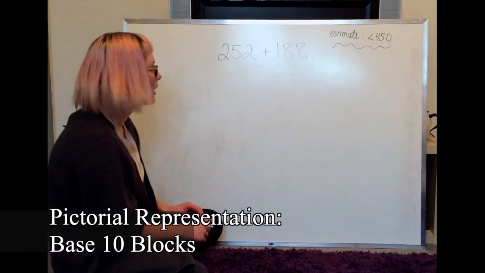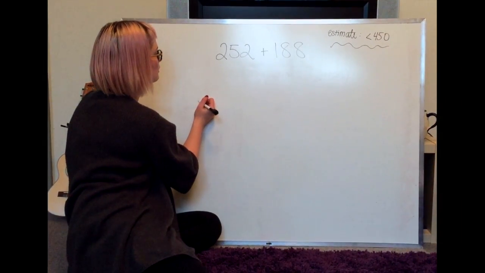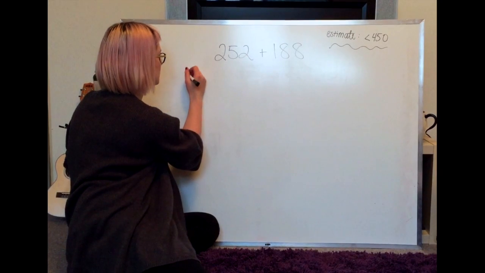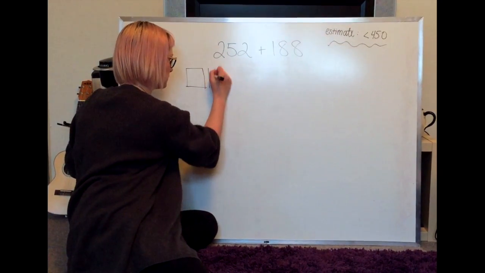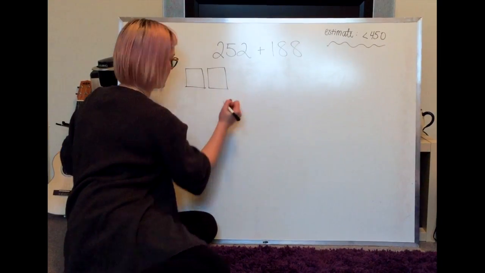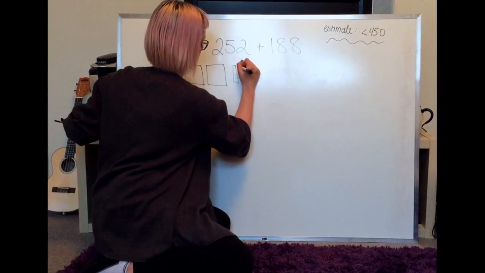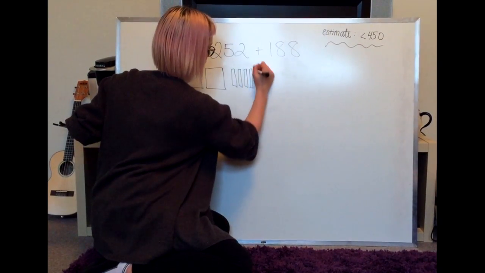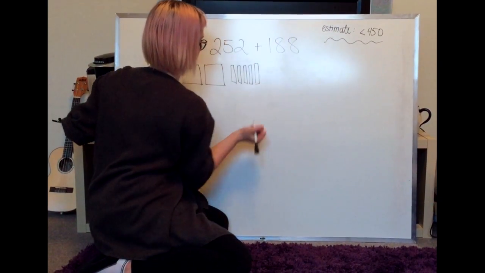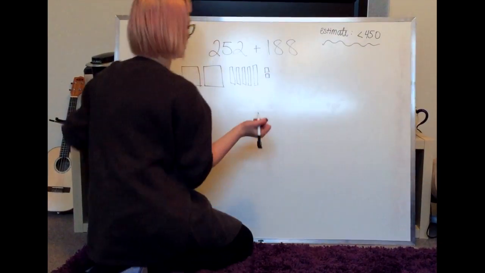We're going to use base 10 blocks, and I'm going to do a pictorial representation of those. So 252 using base 10 blocks would look like this. Got 2 flats, 1, 2, 3, 4, 5, and then 2 ones.